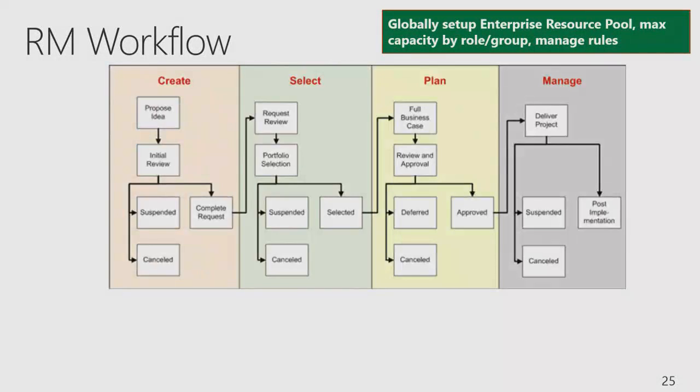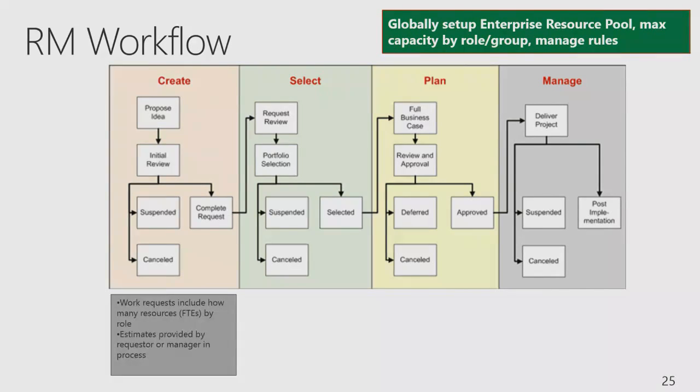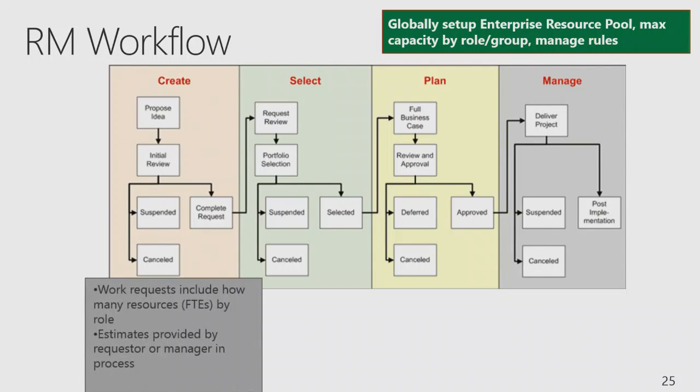So just wrapping up, it all begins with the enterprise resource pool, as we talked about in the beginning. Setting up your resources, determining things like roles and skills, setting up max capacity for your different individuals, and then understanding your project management lifecycle. And at each phase, resource management is going to play a role. I mean, without people, you can't do projects, right? It's just reality. In the early phase, when you're creating a project, you're getting ideas, you're getting work requests in.